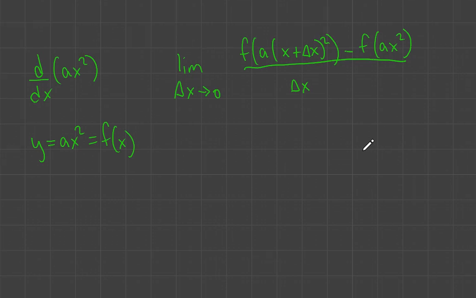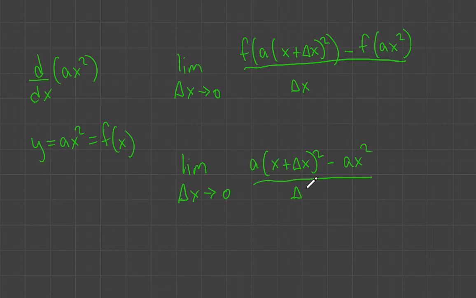So again, if y is a function f of x, we can just write this out directly. Say it's the limit as delta x goes to 0 of a times (x plus delta x) all squared minus ax squared, over delta x.